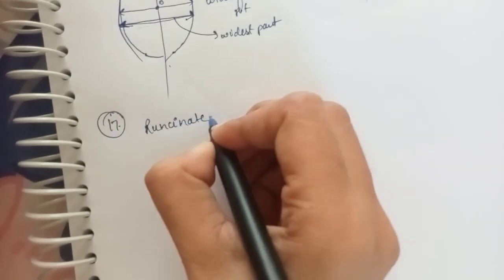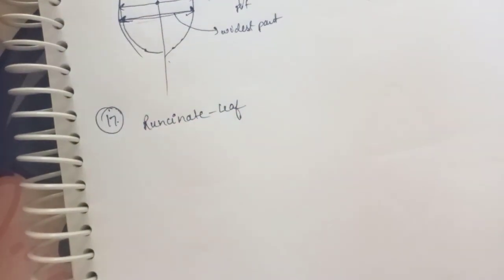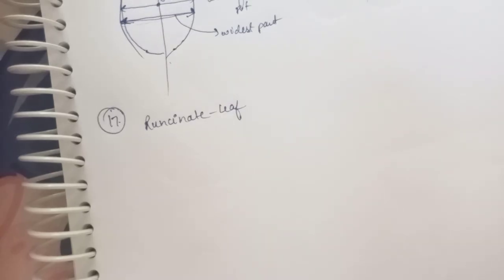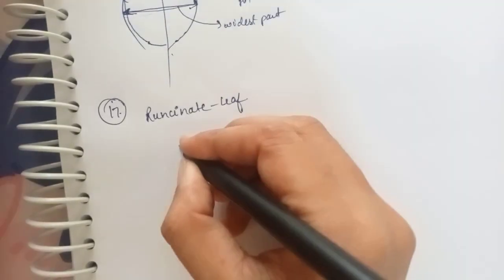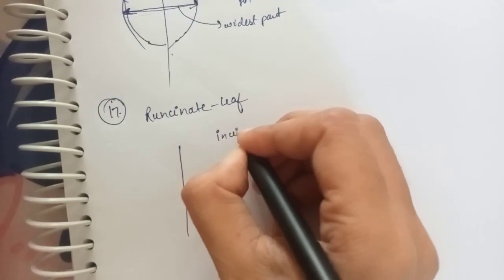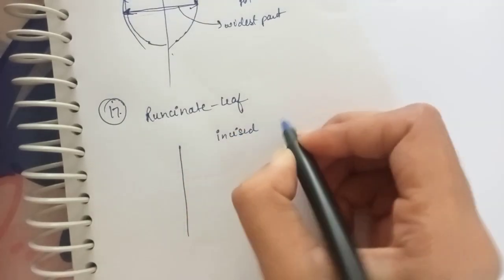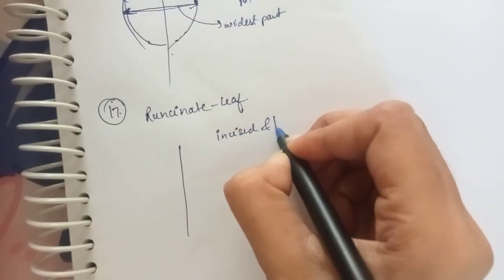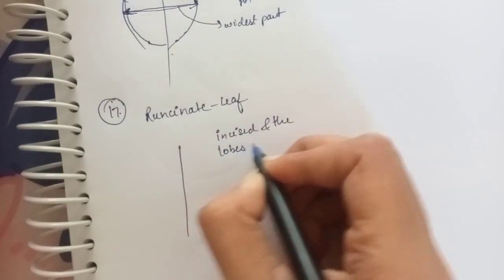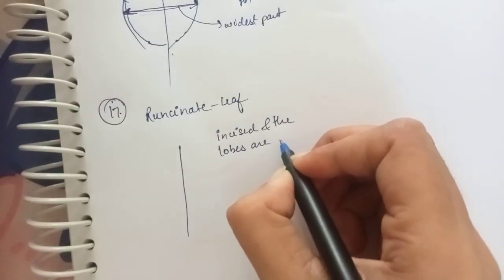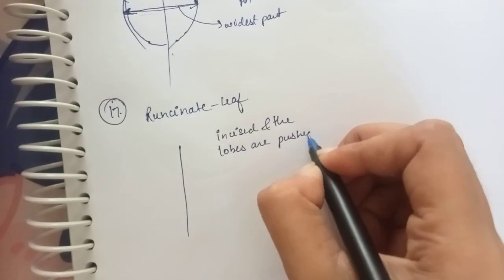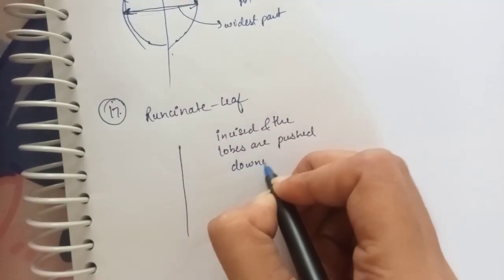The next shape is runcinate leaf. It is a very important shape for our Dravyaguna subject, runcinate. The leaf is incised. Let me describe it. Incised, and the lobes are pushed downwards and backwards.